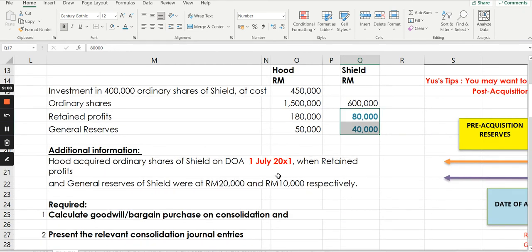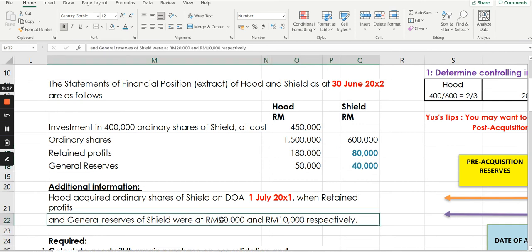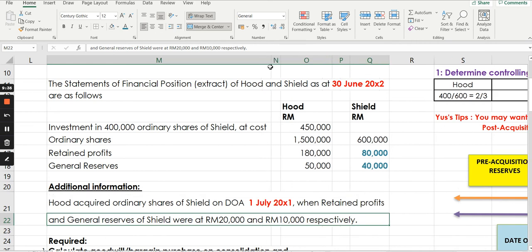So after a year, 30th of June 2000x2, the retained profit has grown from 20,000 to 80,000, and the general reserve has grown from 10,000 to 40,000. So now we are interested in the changes of the reserve, which is the post-acquisition reserve.